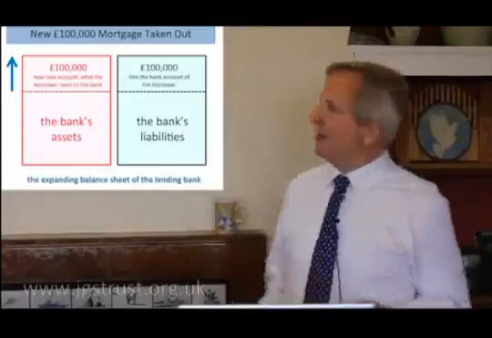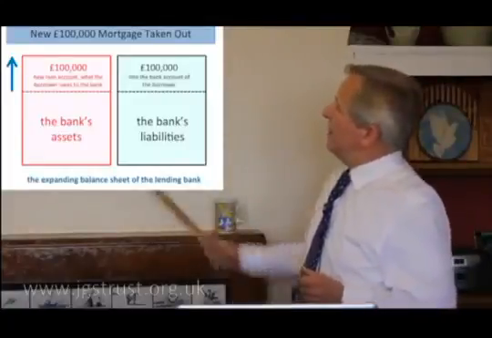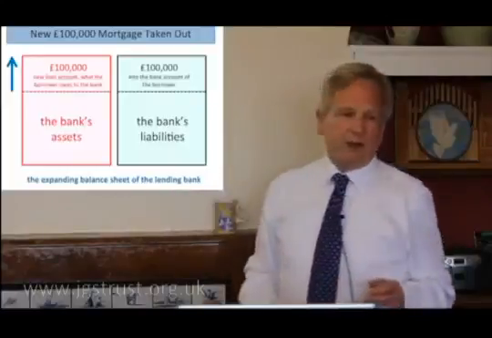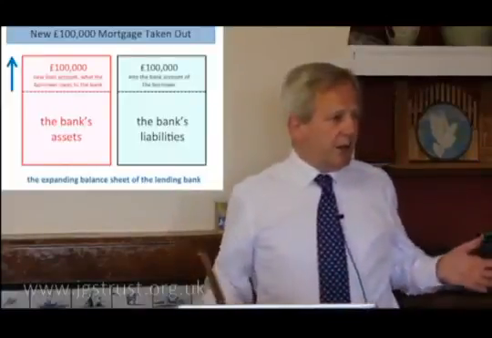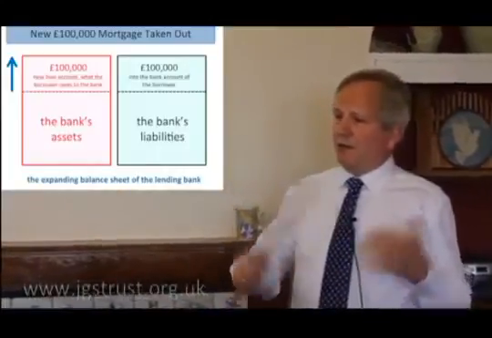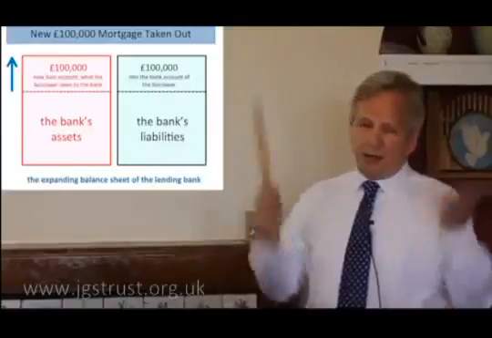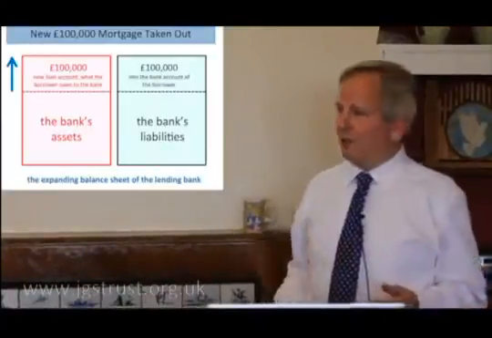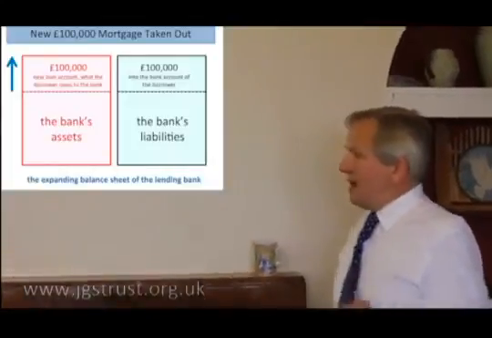Well, very schematically, this. The bank's assets go up £100,000 because this person who walked in the door now owes the bank £100,000, which wasn't owed to the bank before. So the bank's got £100,000 extra assets to what it had before the event. How is that balanced?